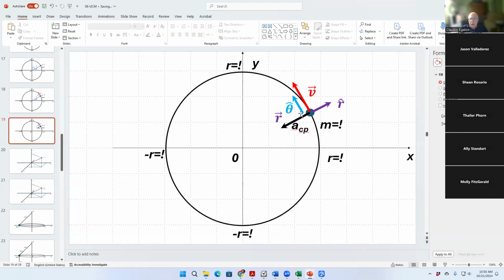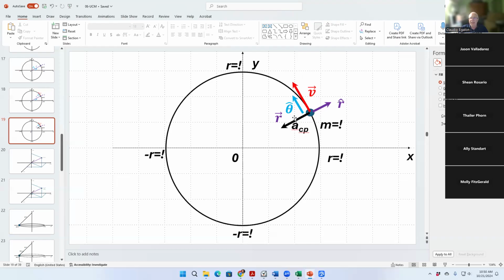How do we know that the acceleration is towards the center, right? How do I know the acceleration is exactly towards the center? We know it because the velocity vector here doesn't change in magnitude.